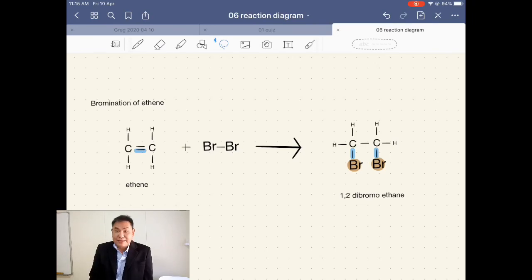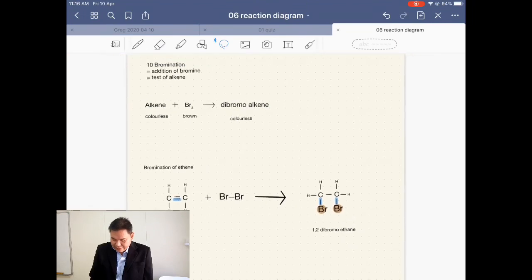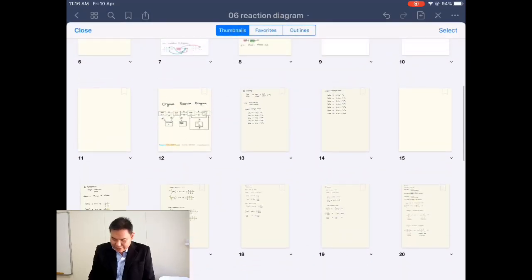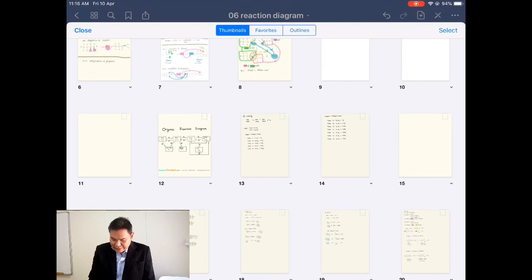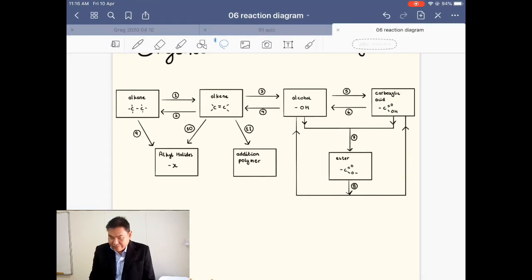Now the last reaction is reaction number 11, addition polymer. This is where you produce a polymer. Most of them are plastic, right? So you have addition. The name of the reaction is addition polymerization.